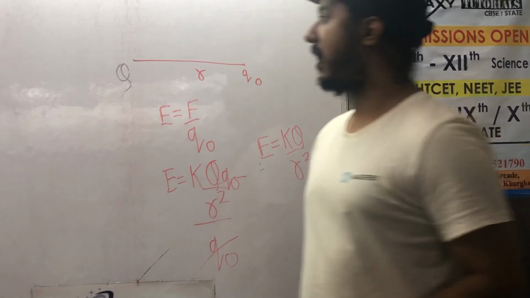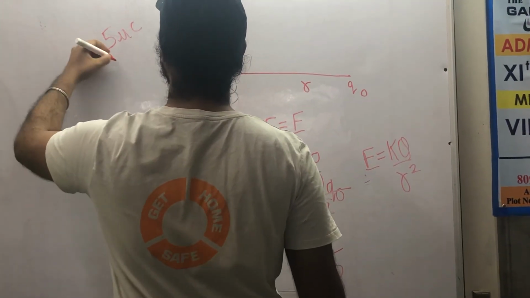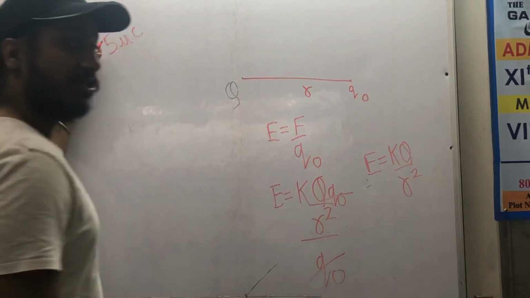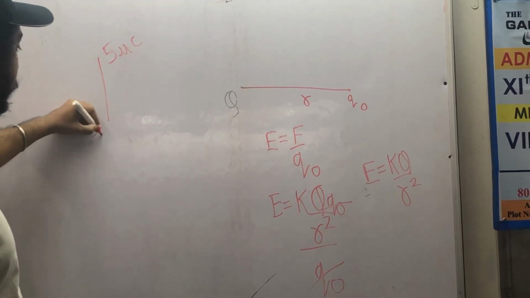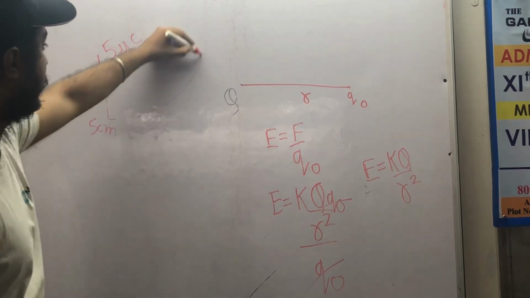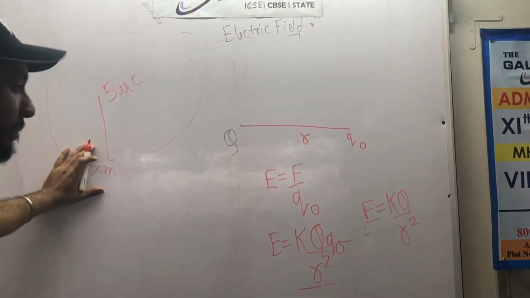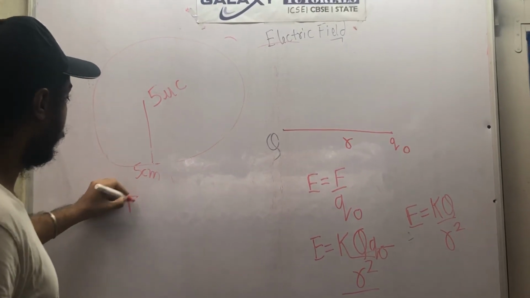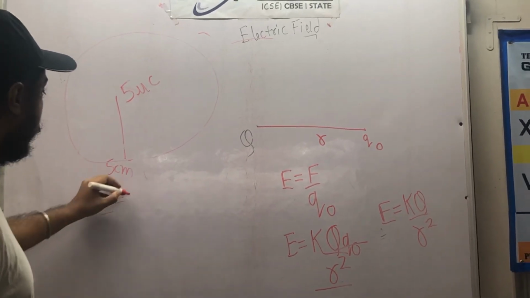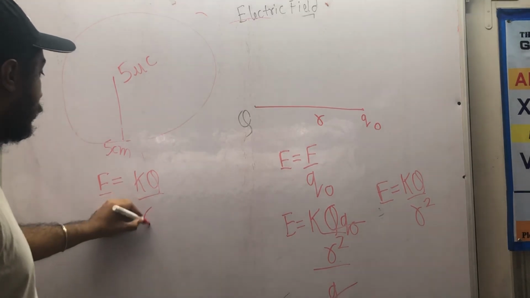Whenever I say I kept a charge of 5 microcoulomb here, and I have to find out the strength of its electric field at a distance of 5 centimeter, meaning if I bring a charge at this distance, how much force it will experience, how will you find out? You will find the electric field intensity, K Q upon R square.